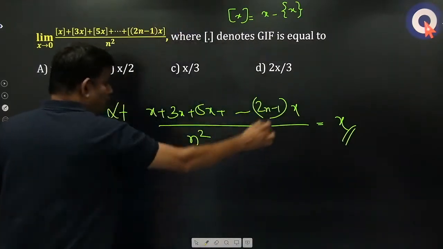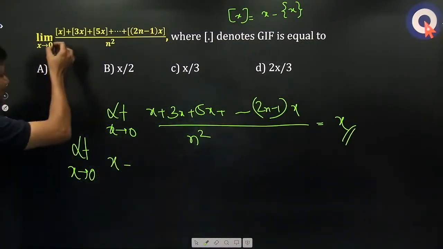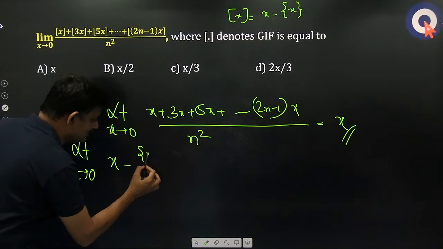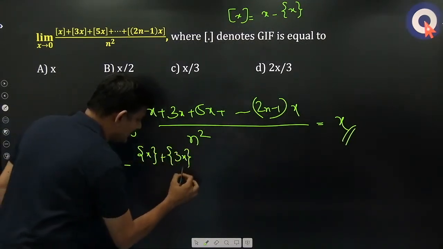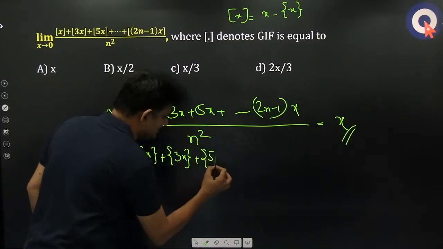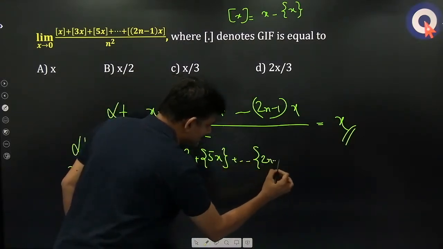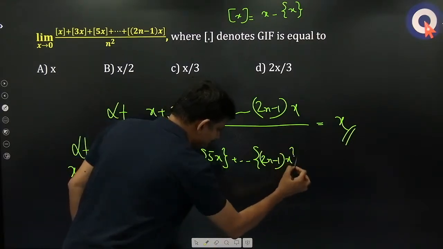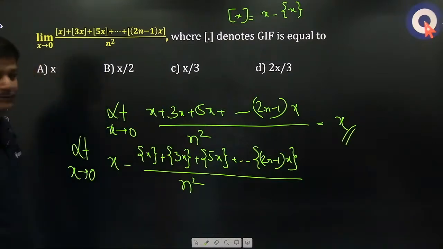So this whole sum will come out to x minus, what are you left with? Fractional part of x plus fractional part of 3x plus fractional part of 5x, so on up to fractional part of 2n minus 1 into x, divided by n square. This is the question.